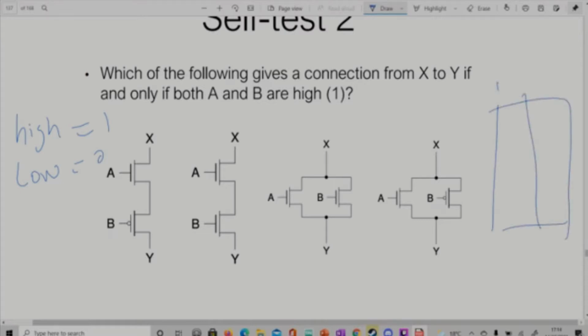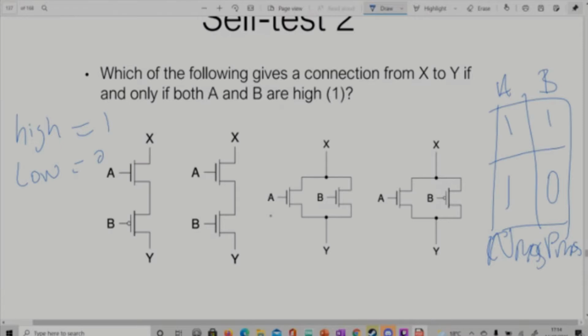So if A and B is 1, what would our NMOS and PMOS be? I keep saying CMOS. CMOS is completely different. So NMOS if A is 1 is going to be 1. PMOS if B is 1 is going to be 0.